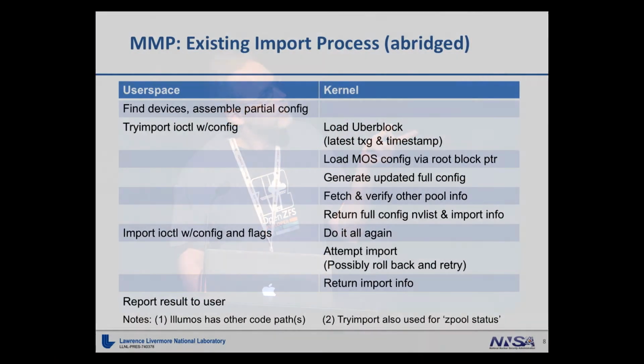So I'll briefly go over how the import works. This is specific to Linux in one way, at least, which is that Linux always gets a config from user space. That's, as I understand it, not true in Lumos, and there may be other things that are not true as well.